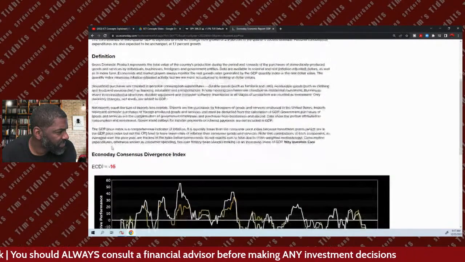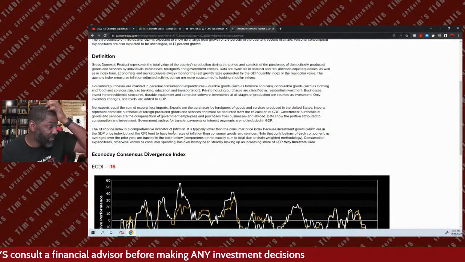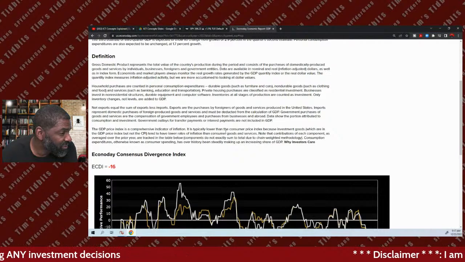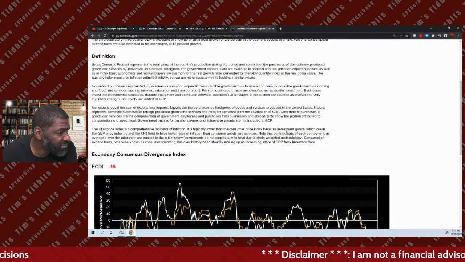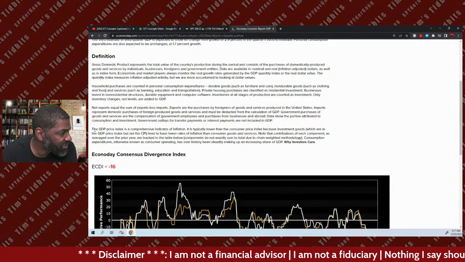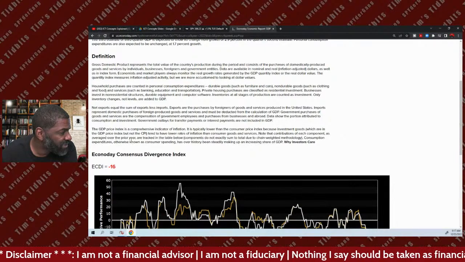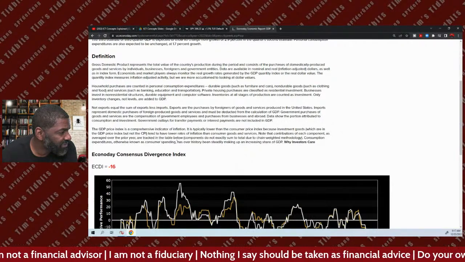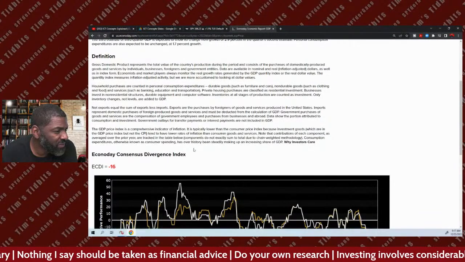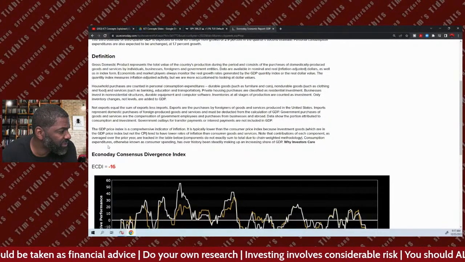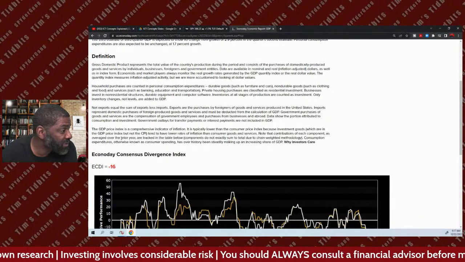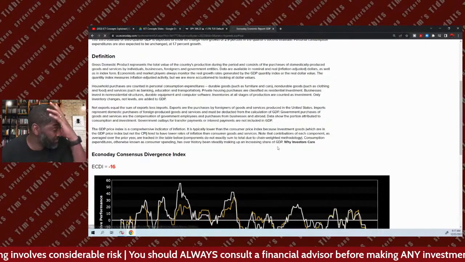We know that. The GDP price index, a comprehensive indicator of inflation, is typically lower than the consumer price index because investment goods, which are in the GDP price index but not in the CPI, tend to have lower rates of inflation. The contributions of each component as the average over the period are tracked in the table below.